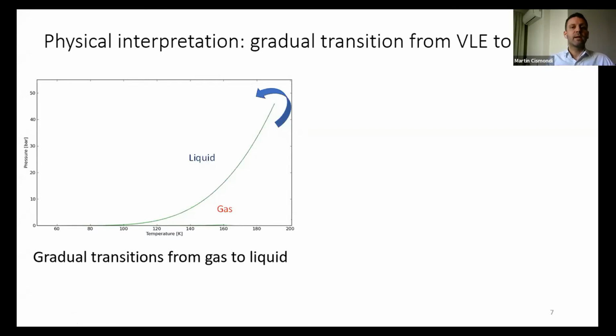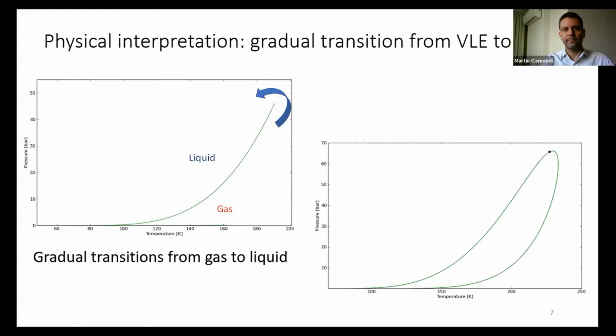That was very clear since the times of van der Waals at least. Also, if we have a mixture phase envelope like this, we can do the same, going from gas properties to liquid properties without any phase transition, right? Again, by surrounding the critical point and the critical region.